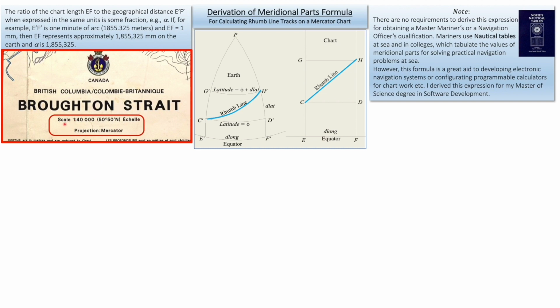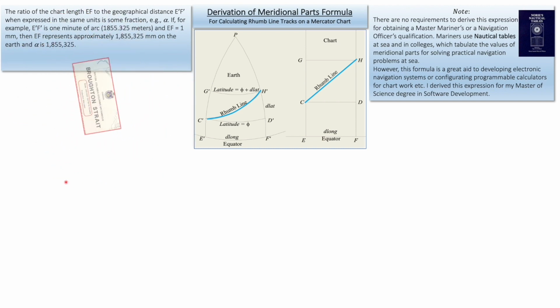Going back to the departure formula, the parallel C prime D prime is equal to the departure, which is E prime F prime on the equator times the cos of phi, where phi is the latitude. E prime F prime can be replaced with the chart length, which is the scale alpha times EF.